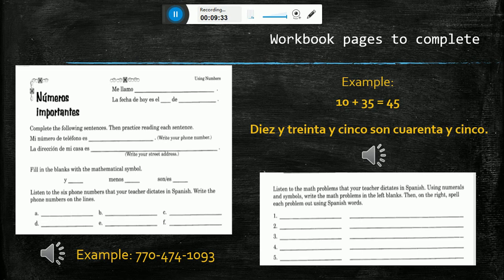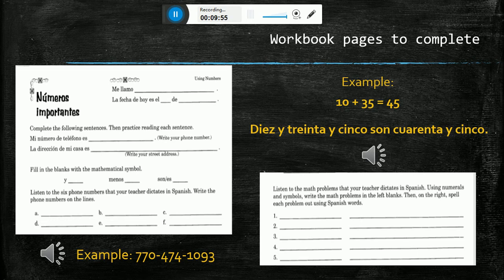Number 4, 49 menos 32 es 17. Number 5, 5 y 10 son 15.